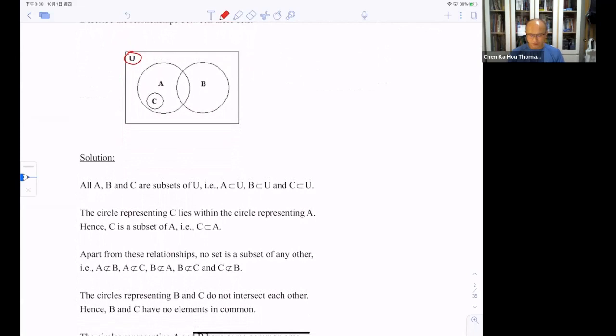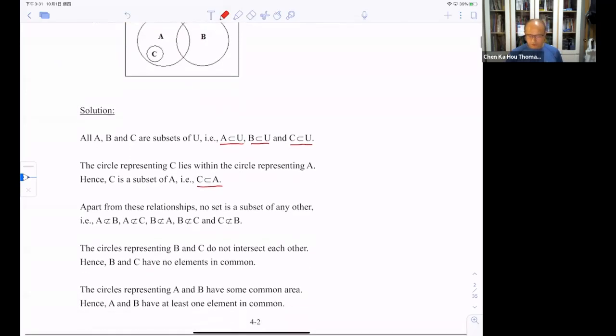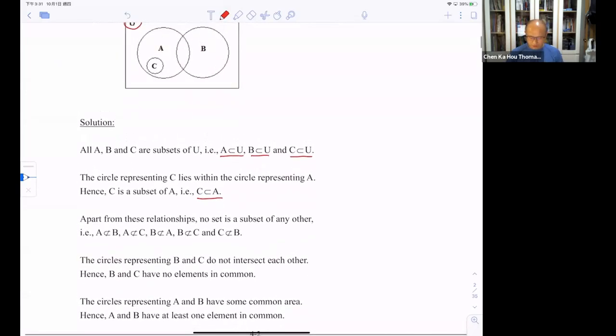A is a subset of U, B is a subset of U, and C is also a subset of U. And from the diagram, we find that C is also in A, so C is a subset of A. Apart from this relationship, no set is a subset of another.